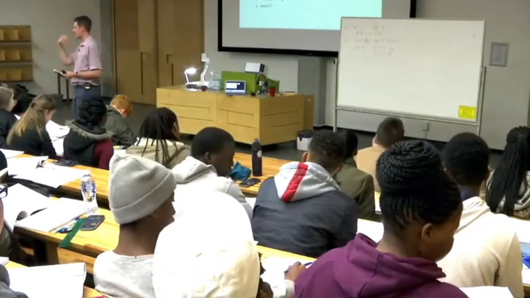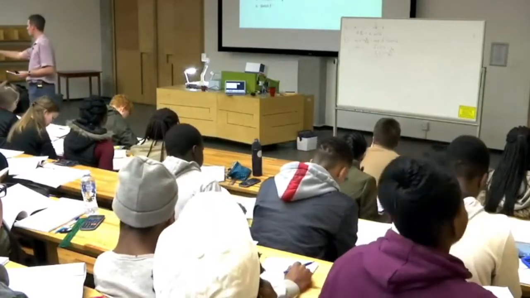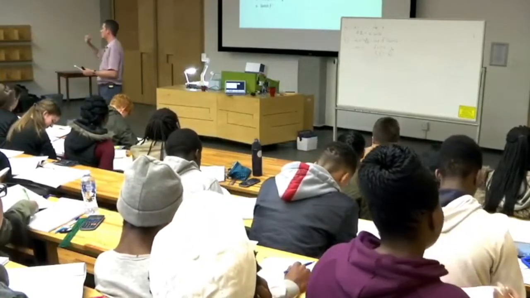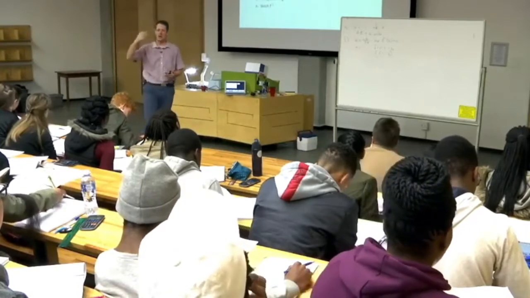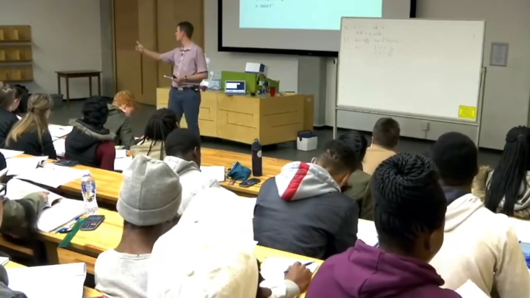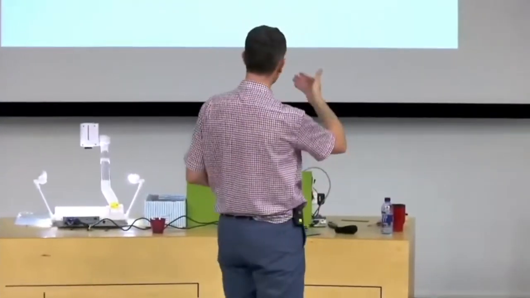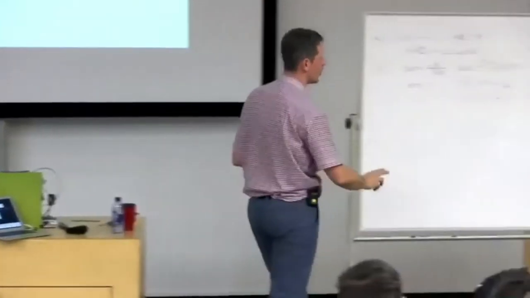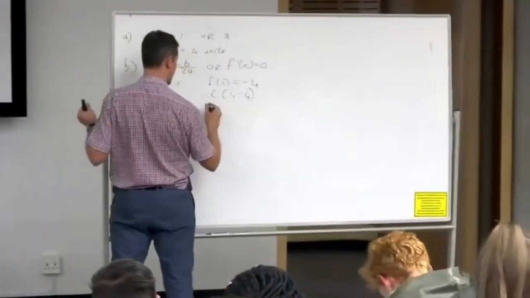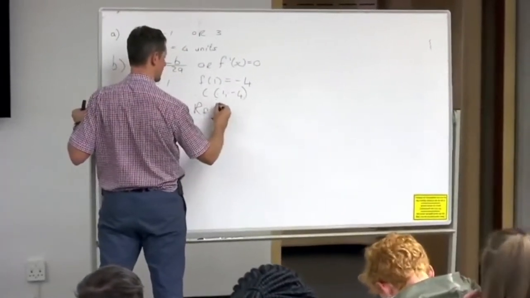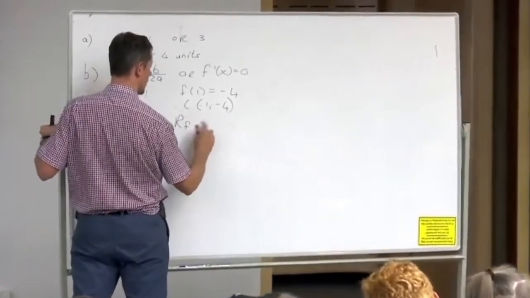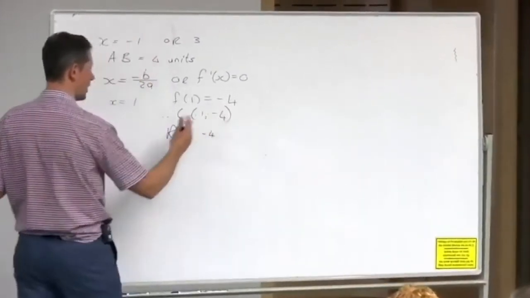Now again, for those guys that weren't here earlier, the first example that I did, I asked them for range. But to have range, I need max and minimum. In this case, my minimum value for y is -4. So the range of f goes from -4, which is my lowest.